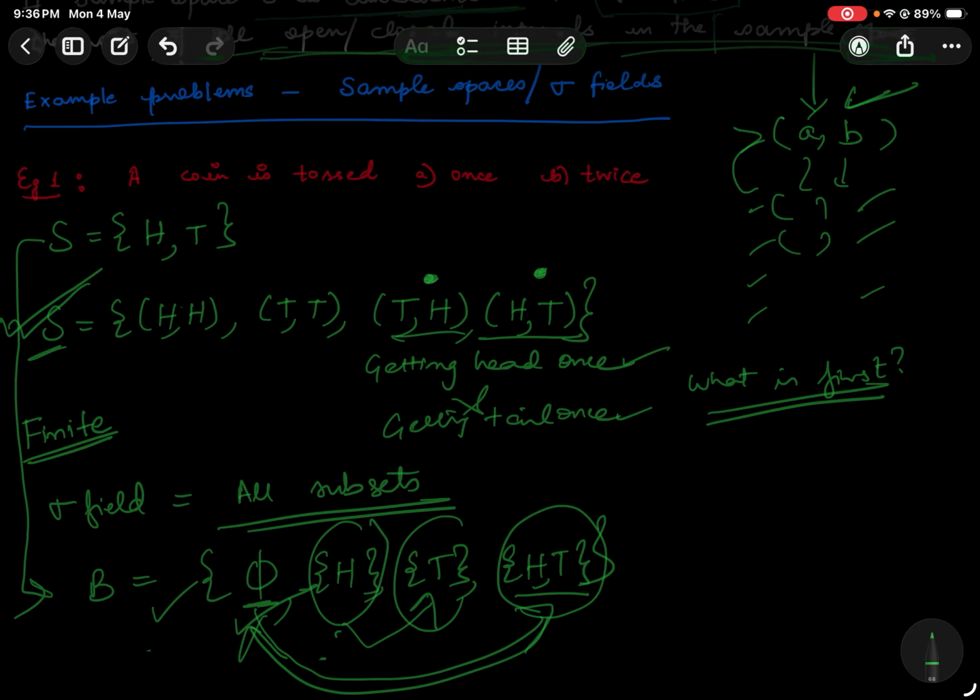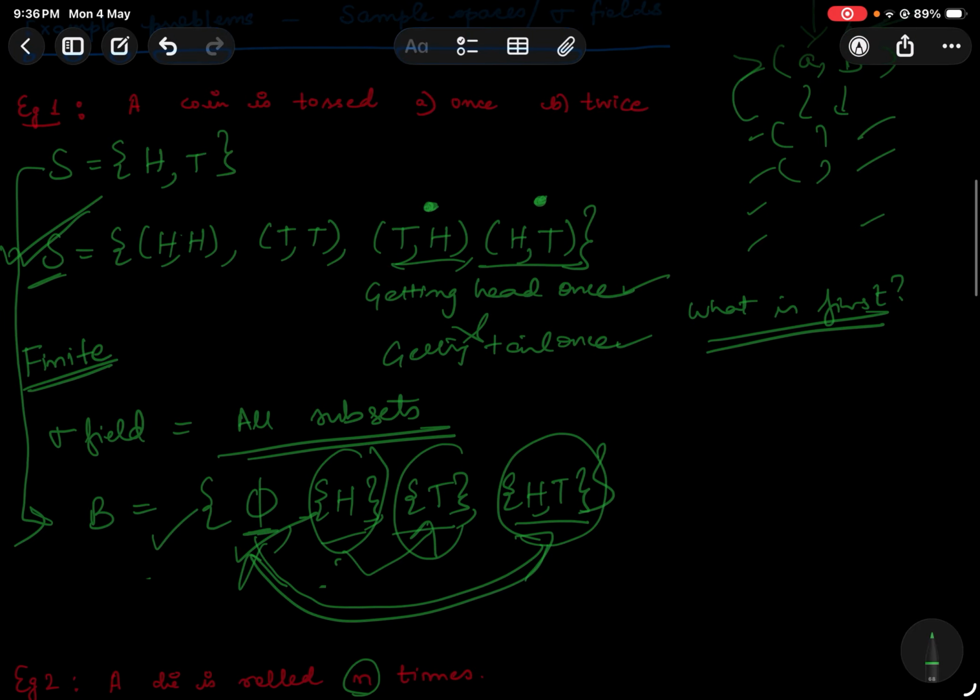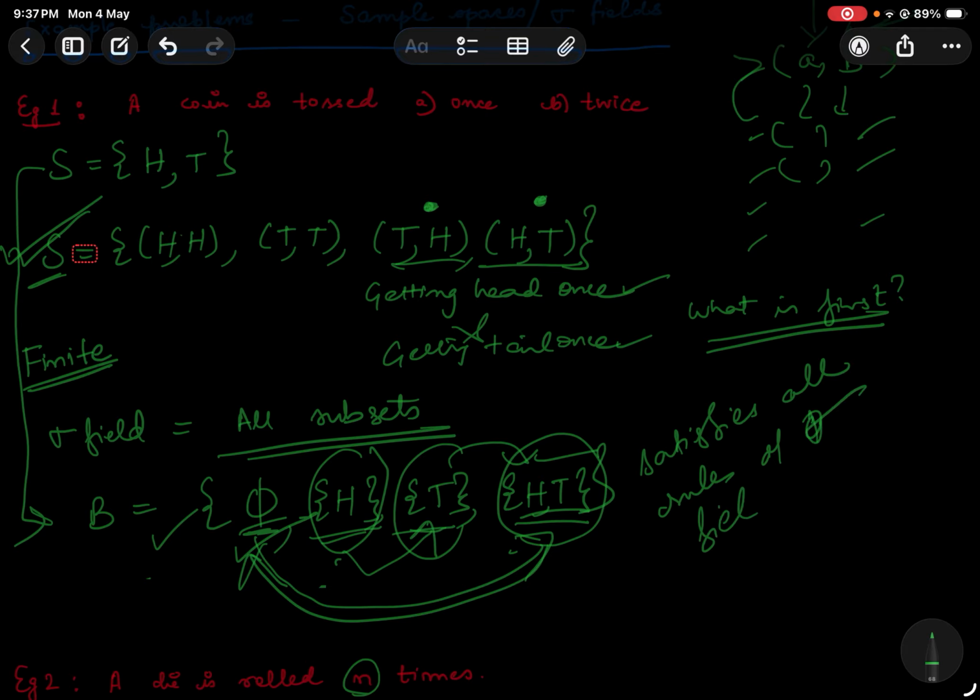And the union, if I have two subsets, then the union of those should also be there. So the union of H and T, which is HT, is there. The union of HT and phi is HT, that is there. So this satisfies all rules of sigma field.